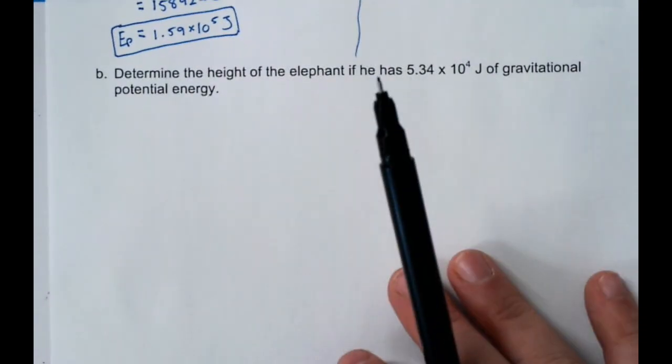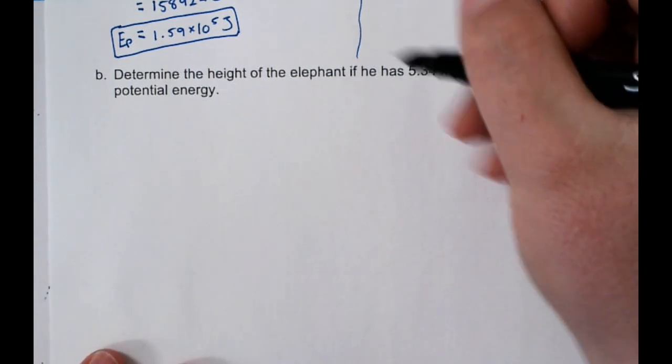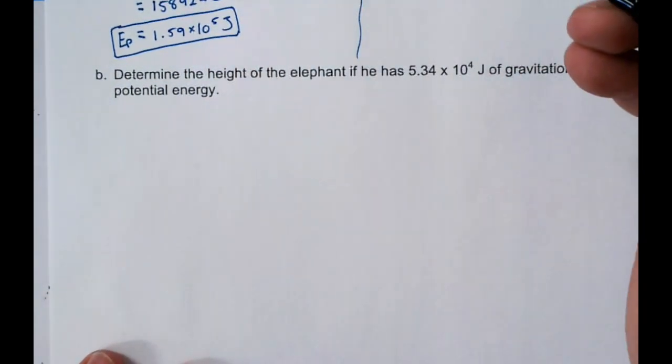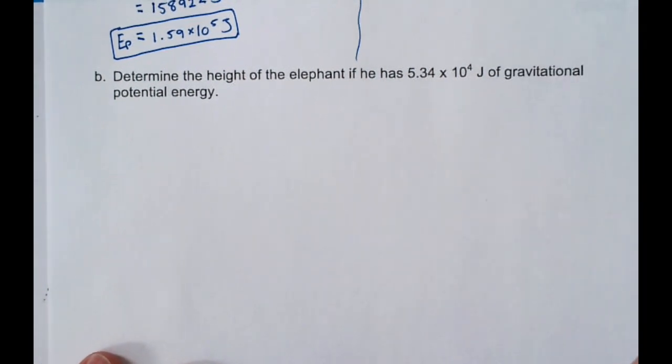The next part of this question wants us to determine the height of the elephant if he has 5.34 times 10 to the 4 joules of gravitational potential energy. What we're given in this question, again, is the mass, the acceleration due to gravity, and now the potential energy.